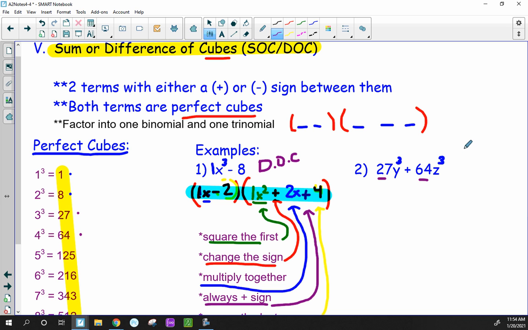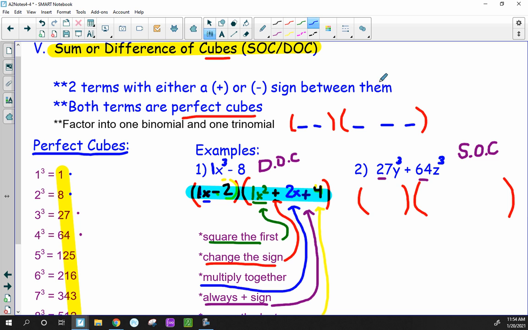Alright, so back on track now. There was no GCF for example 1 or example 2. I can continue. This is a SOC because it fits all the criteria here. And so I'm allowed to factor it into a small parenthesis and a large parenthesis.